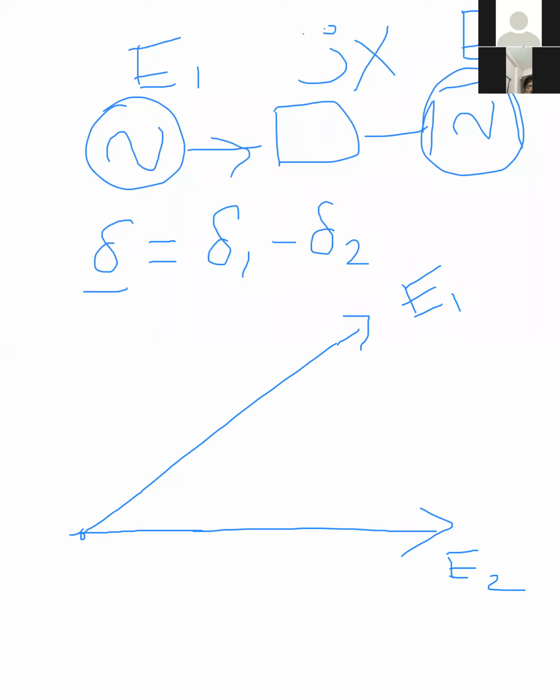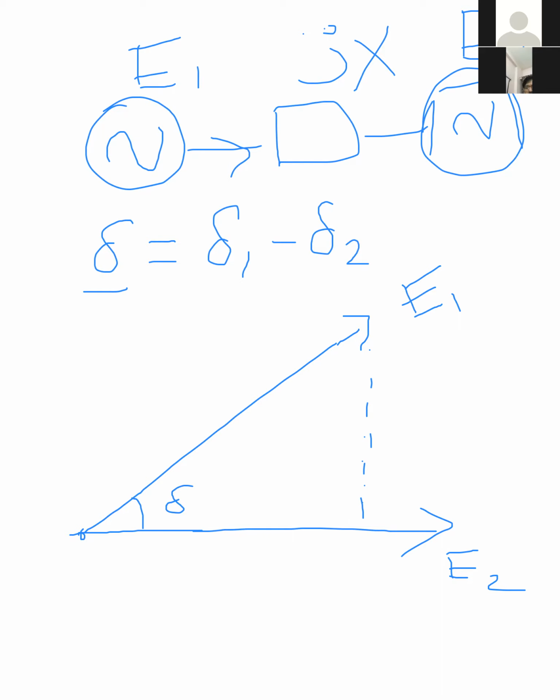Then see, here draw a perpendicular to this one, perpendicular to this E2. We are assuming that the phase angle difference between E1 and E2 is delta, that is delta 1 minus delta 2.